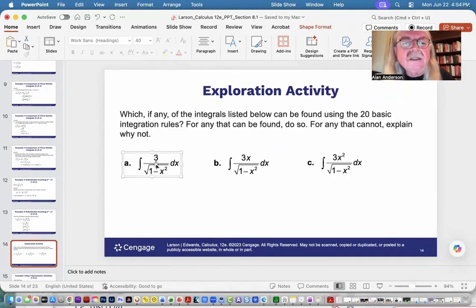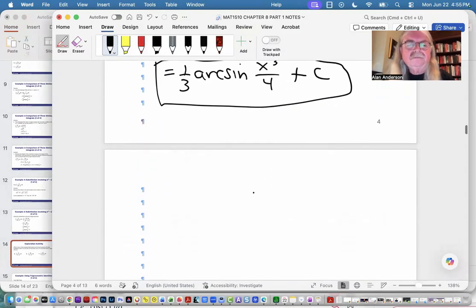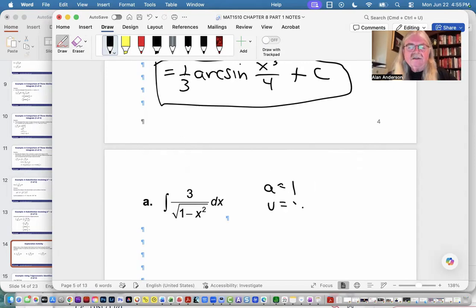Now you can start to see these are starting to look familiar after you've done enough of these. All right. So you can easily imagine here, for example, that if A is set equal to 1 and U is X, then we have... Oh, of course, that implies that du equals dx.